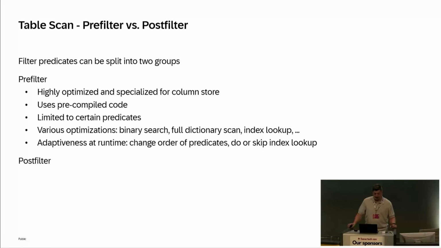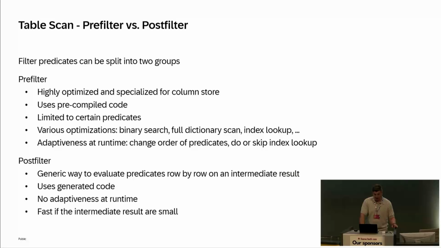It has various optimizations in it, like the binary search I already mentioned. We have the full dictionary scan, also an interval scan, and we can use the index. And we have some adaptiveness at runtime, meaning we can change the order of predicates that are put into the pre-filter, and we can, for instance, decide to do or skip the index lookup.